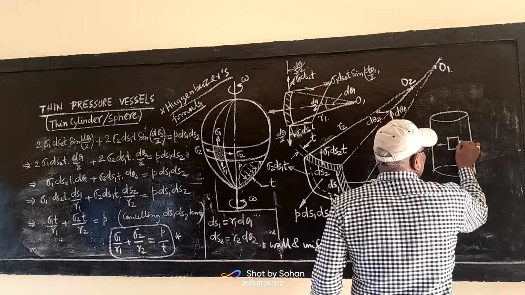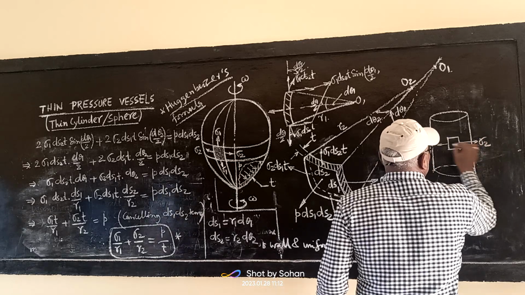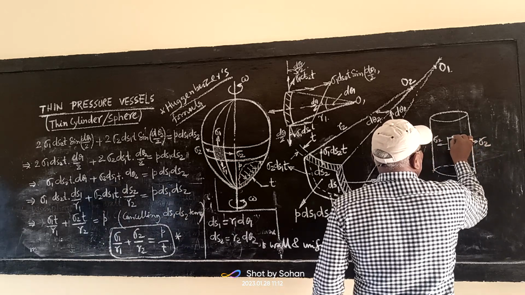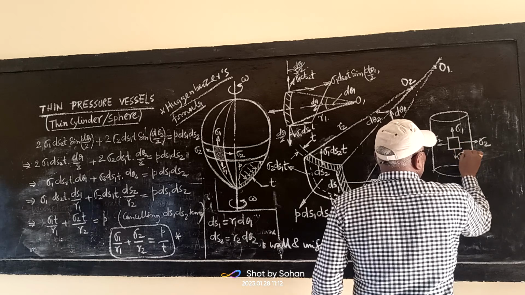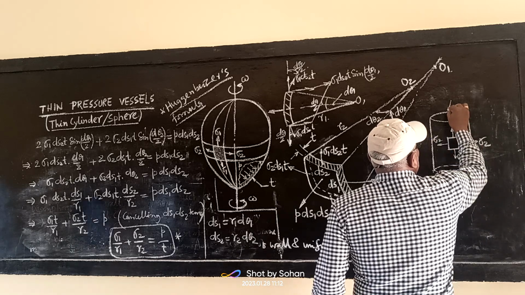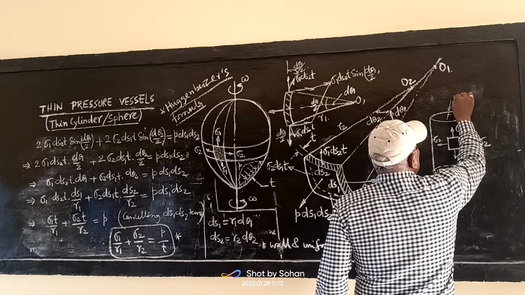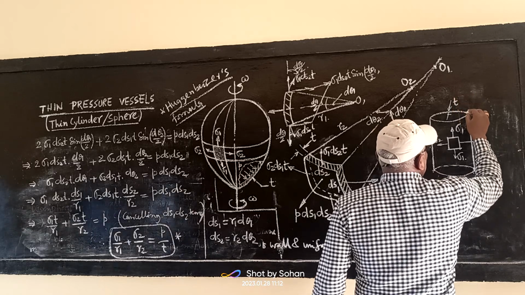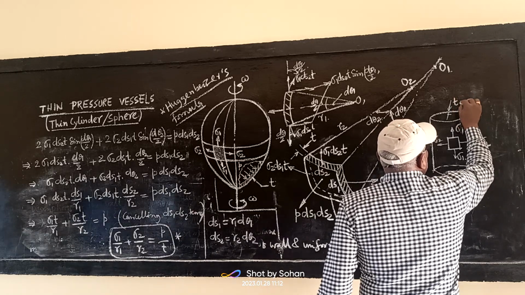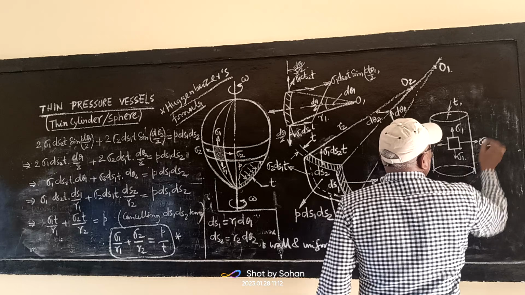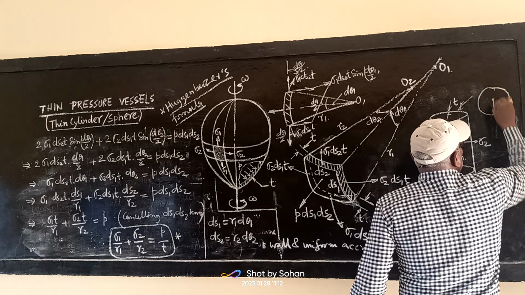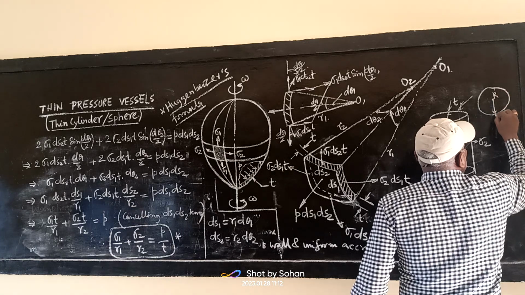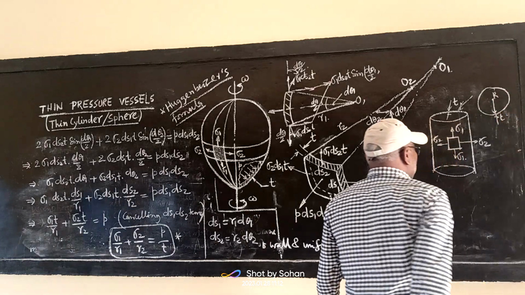In this direction we write the stress sigma 2, and in the longitudinal direction sigma 1. Take the thickness of the cylinder as t, and the radius of the cylinder is R.